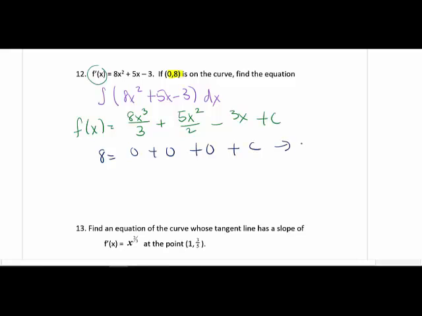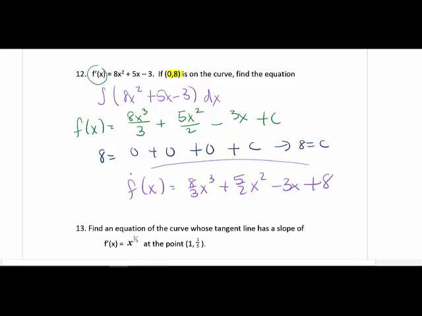So 8 is equal to c. Don't assume that's always the case. Please make sure you double check when you plug in. So my equation is f of x equals 8/3 x cubed plus 5/2 x squared minus 3x plus 8. The extra point gives us enough information to figure out what c is by plugging it in.